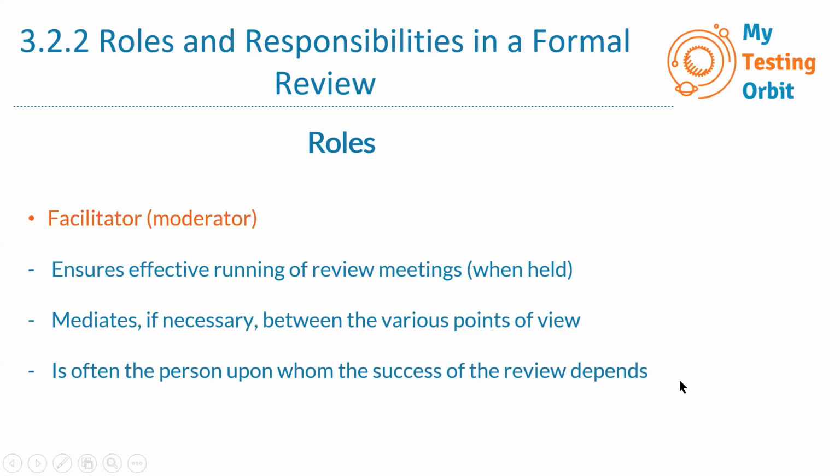Okay, so it can be anyone in the team, but if we think about an agile project, then the role of Scrum Master relates quite closely to this facilitator role, because anyone who is acting as Scrum Master in the team is basically running all these sprints, meetings, etc., and also making sure that the backlog grooming meeting is there, everyone is reviewing, and if any mediation is needed, then that's the person.